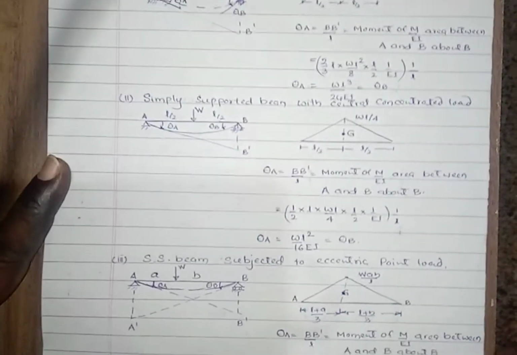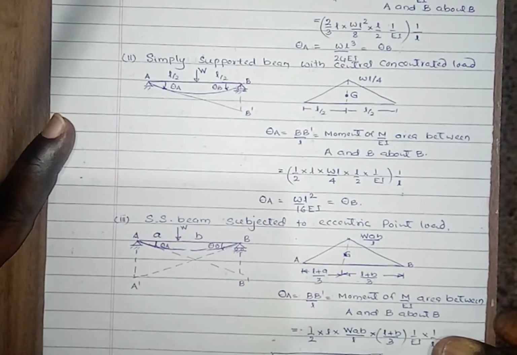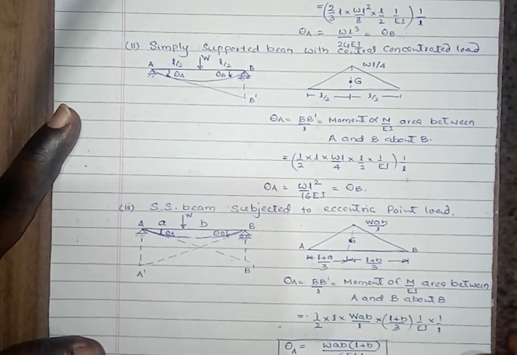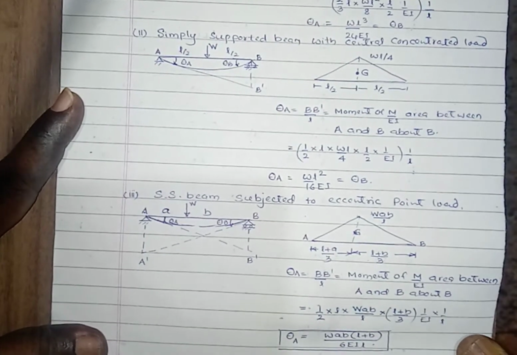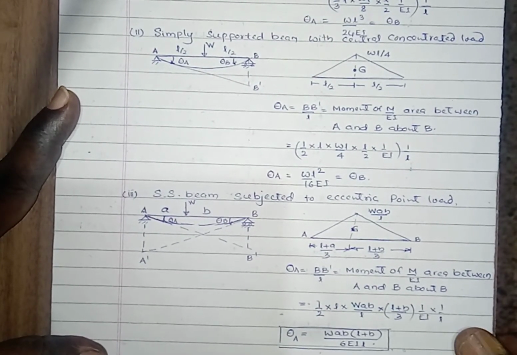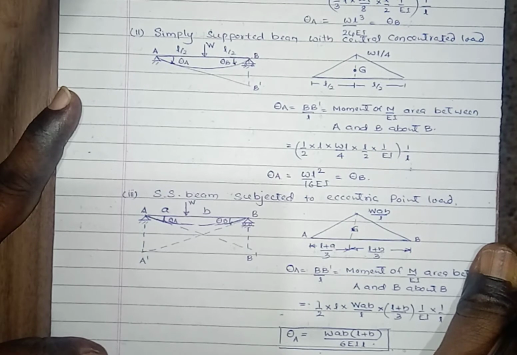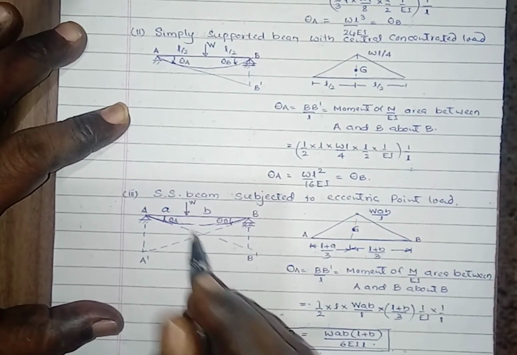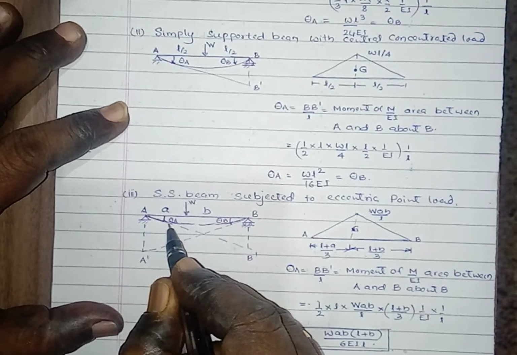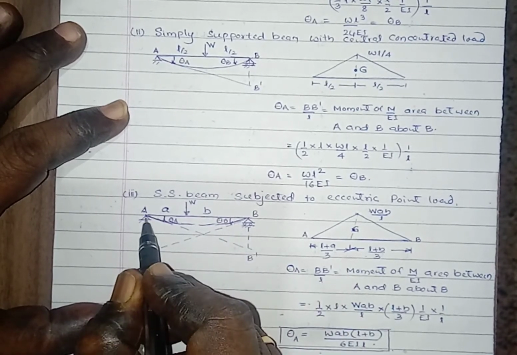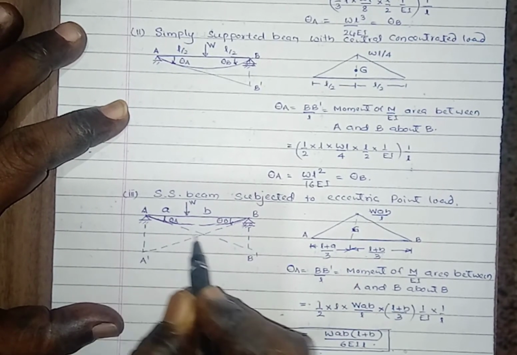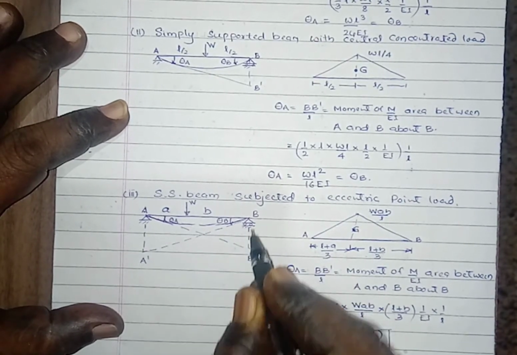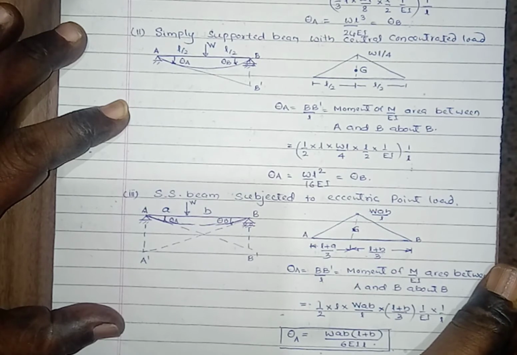Then the simply supported beam subjected to an eccentric point load at a distance of small a from support A. Similarly, the distance small b from B. Here we have to draw this deflected shape. These are the tangents, one from the tangent at A. The tangential deflection at B due to tangent at A is BB dash.